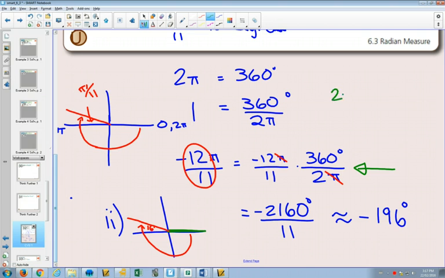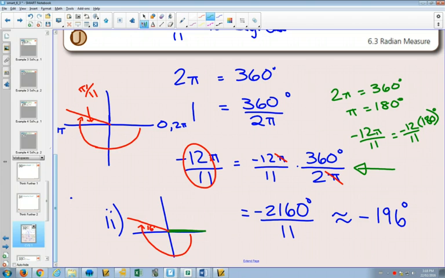Because if 2 pi radians is 360 degrees, then pi radians is 180 degrees. So as a shortcut, when you have negative 12 pi over 11, since you know pi radians is 180 degrees, you could just replace the pi with 180. And that would change it to degrees right away.